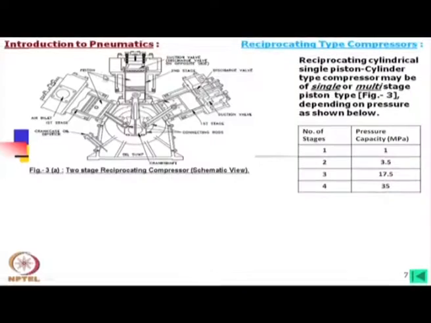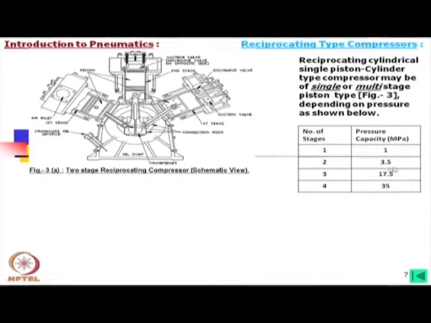Anyway, if we come to this compressing machine, what we find is one set of piston cylinder here, another set of piston cylinder here, and this is the third. If you look, these two are identical, they even have the same discharge valve and suction valve. Now, these two cylinders together pump the air for the first stage, that means the air is taken from the atmosphere and compressed to reach a certain pressure.